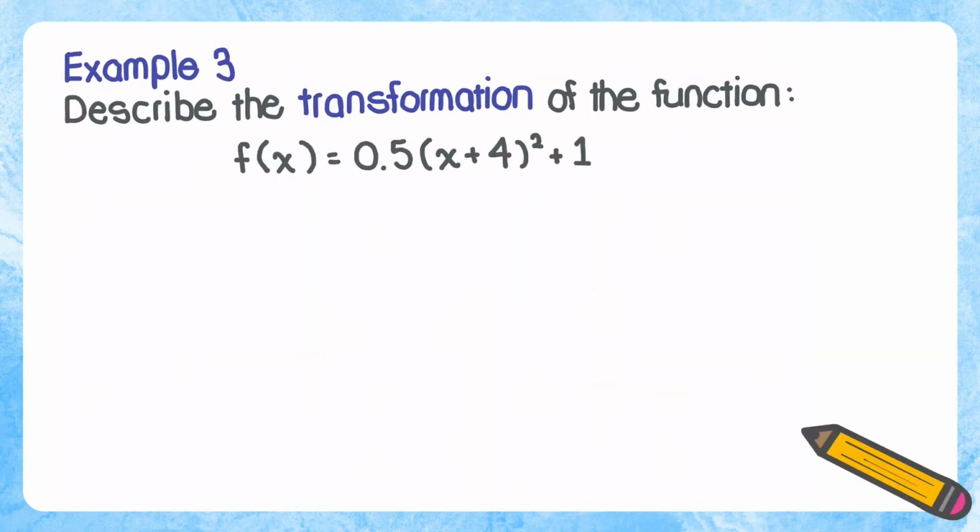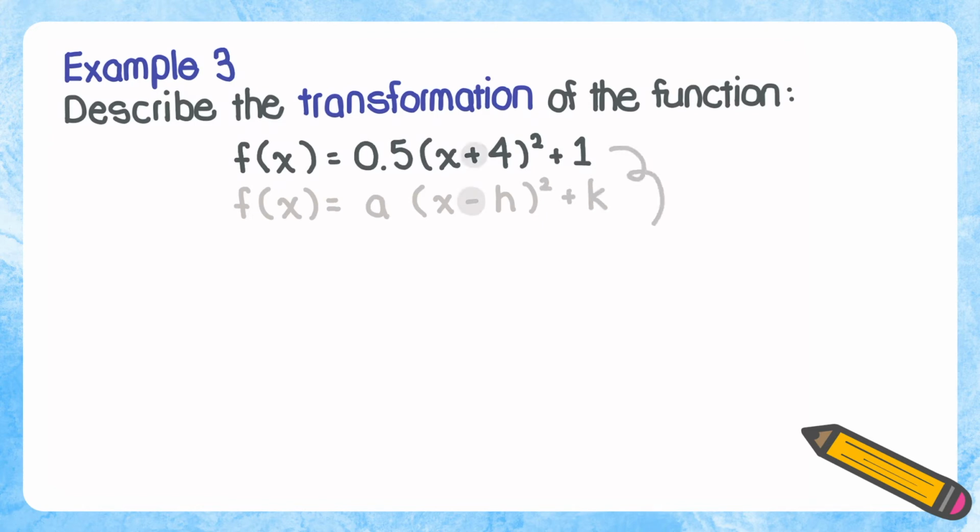For our third example, let's describe the transformation of f of x equals 0.5 times x plus 4 quantity squared plus 1. So I know the vertex form is f of x equals a times x minus h quantity squared plus k.